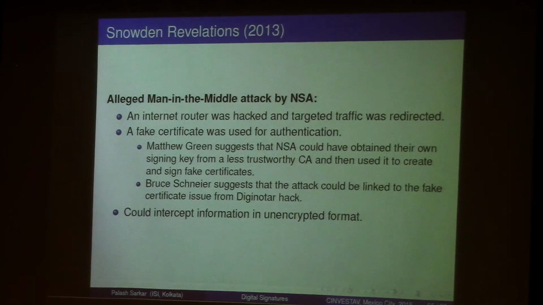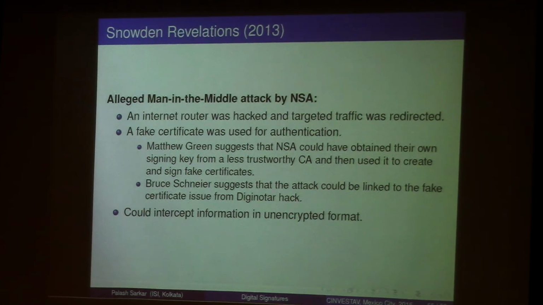Reported by Snowden in 2013, there is an alleged man-in-the-middle attack by the NSA. So an internet router was hacked, and certain targeted traffic was rerouted. Now, it could be rerouted, but then you have to have some fake certificate, similar to the Komodo case. Unless you have control over the DNS server, you cannot read out the traffic.